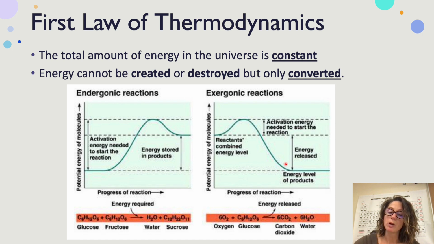We see this when we have the breaking of molecules. In this case, we have oxygen and glucose, and a rearrangement happens where we have carbon dioxide and water. A whole bunch of bonds are broken and energy is released. So that's an exergonic reaction.